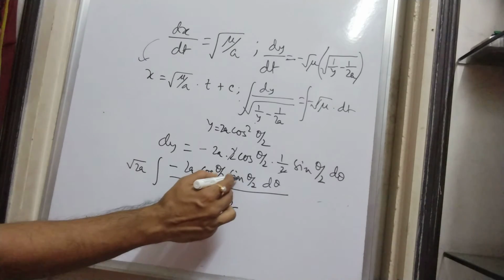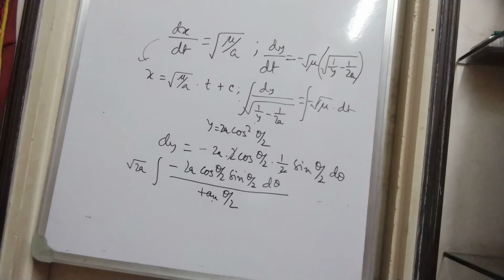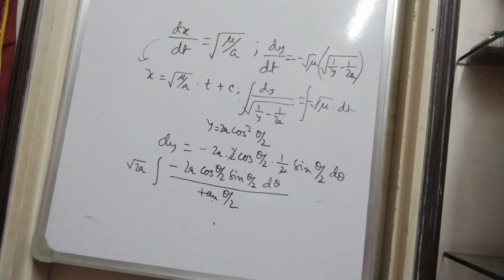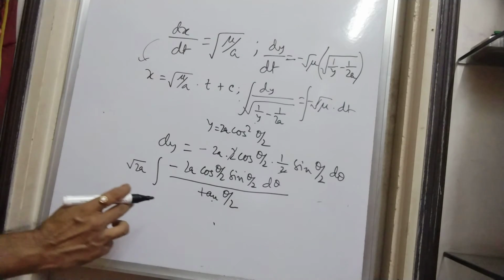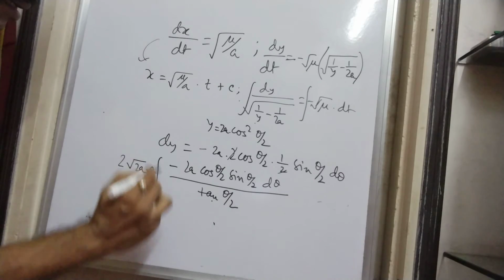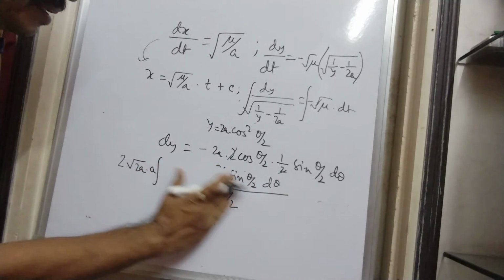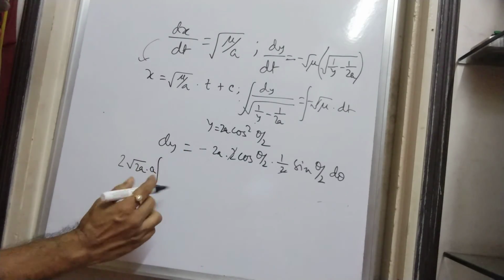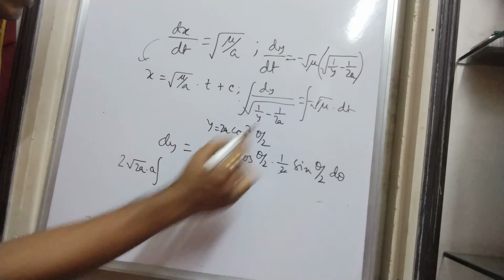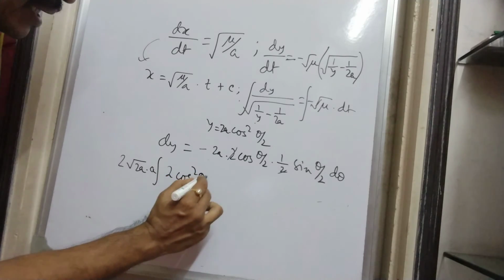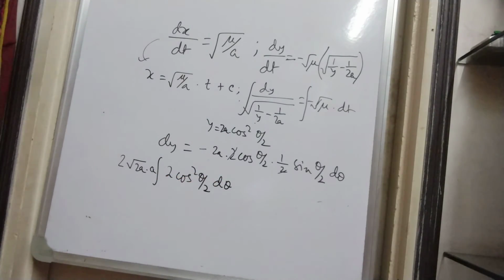And if we cancel, this sin theta by 2 cancels with sin theta by 2 of tan theta by 2, and this cos theta by 2 gets multiplied with the numerator, and this becomes cos square theta by 2, isn't it so? If we take this a out of the integral, there is a minus sign, just remember, and this minus I will cancel with the right hand side minus, and we have here 2 cos square theta by 2 d theta, isn't it so?